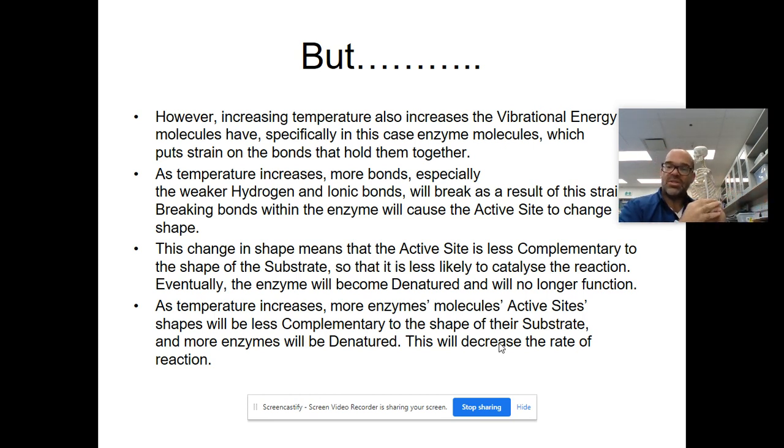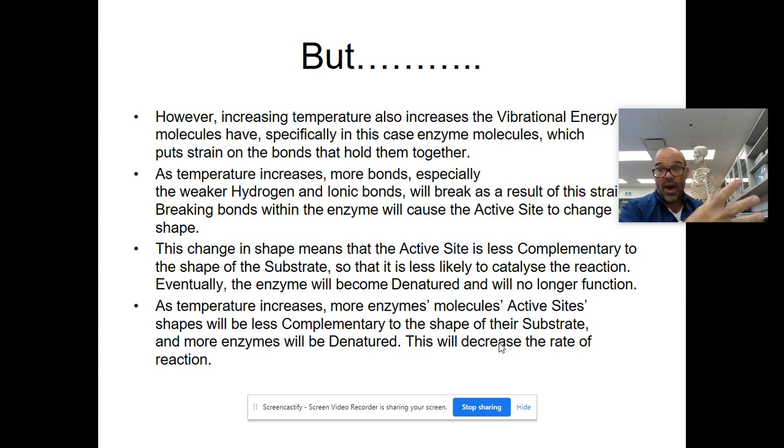As your temperature goes up, those bonds basically fall apart, because the enzyme itself, as it warms up, has all its atoms vibrating more. And as those molecules vibrate, those bonds break.